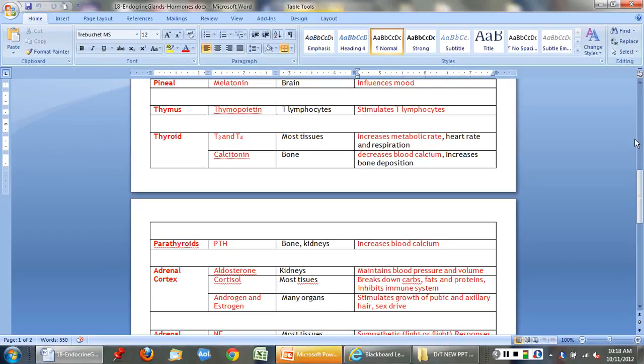While talking about regulating calcium, the thyroid gland regulates calcium by secreting the hormone calcitonin under what conditions? When blood calcium is too high or too low?